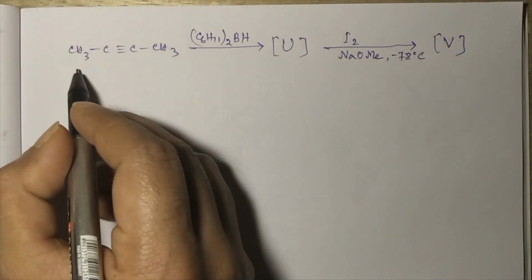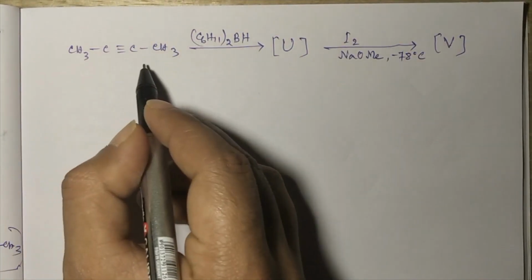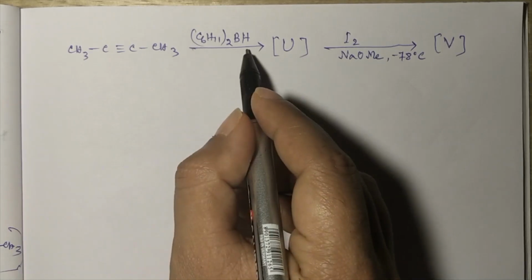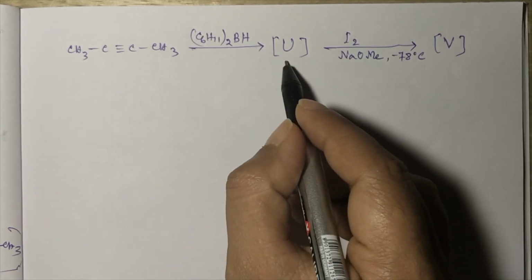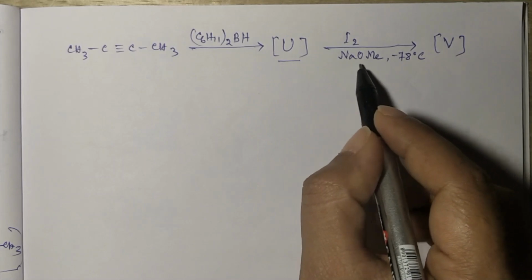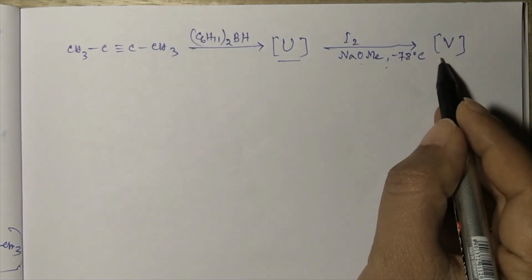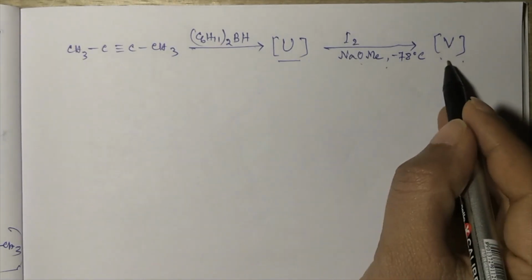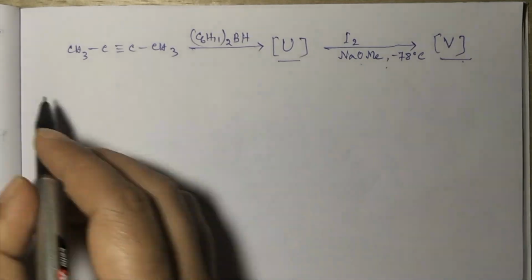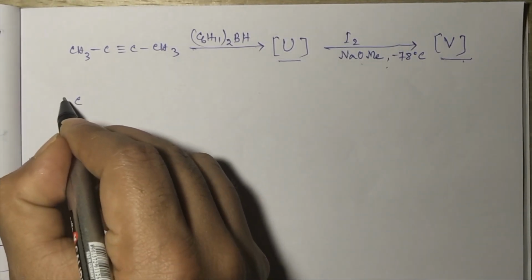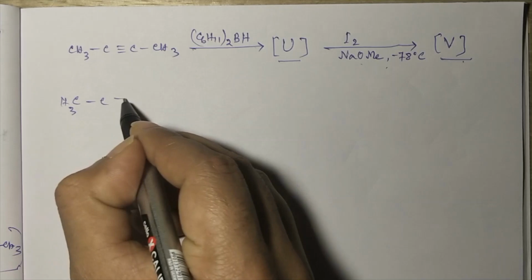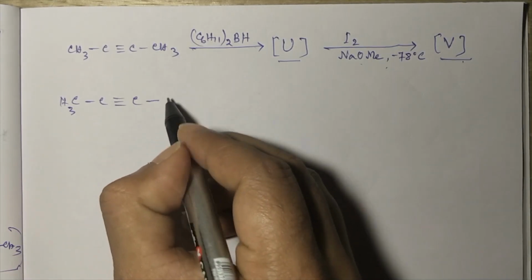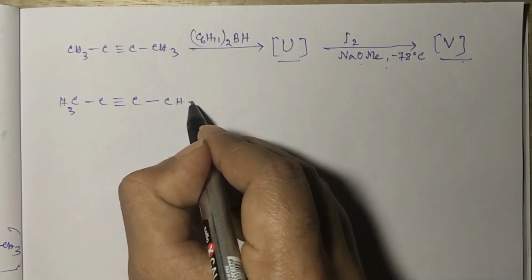Next question. Here 2-butyne reacts with this borane to form the intermediate U, which then reacts with I2 and NaOMe, and the product V is formed. We have to determine U and V. So this is a very important reaction of boron.